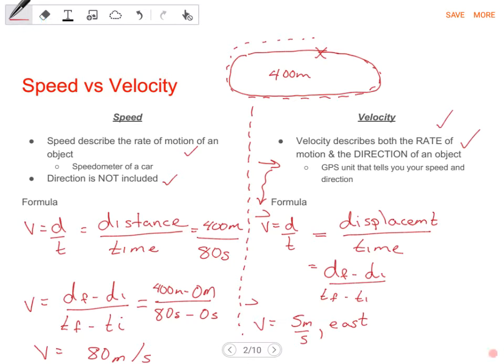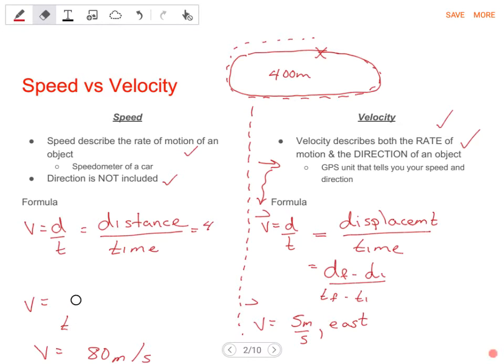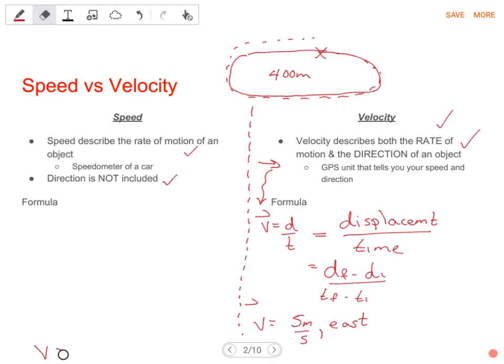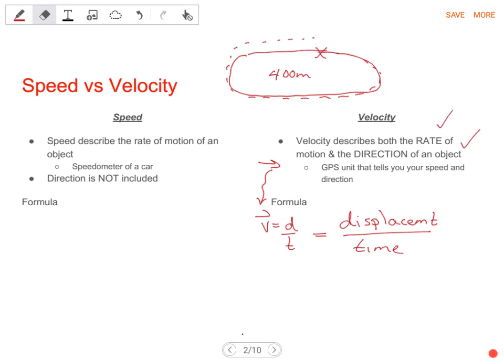Now, what I'm going to do is give us some space so we can talk about this a little bit more, because I want us to really focus on what velocity is and how it's different. So if we use our example here of the track, you're going to go around it, and we know it's a 400-meter track and all of those good things.